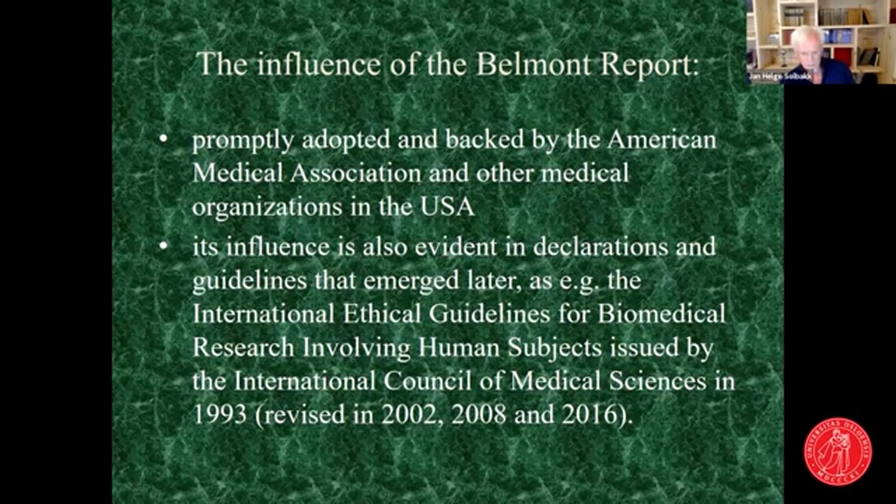For example, the International Ethical Guidelines for Biomedical Research Involving Human Subjects, issued by the Council for International Organizations of Medical Sciences. In one or in several of the lessons you are obliged to read, we provide a detailed analysis of these CIOMS guidelines that were revised in 2002, in 2008, and latest in 2016.